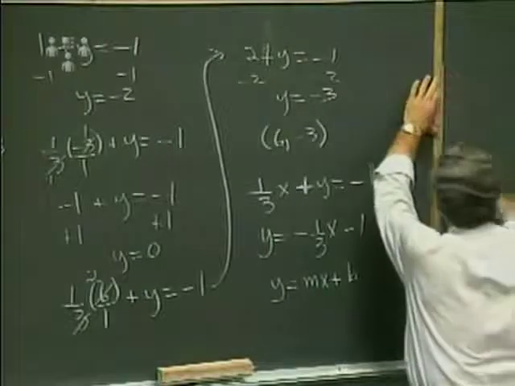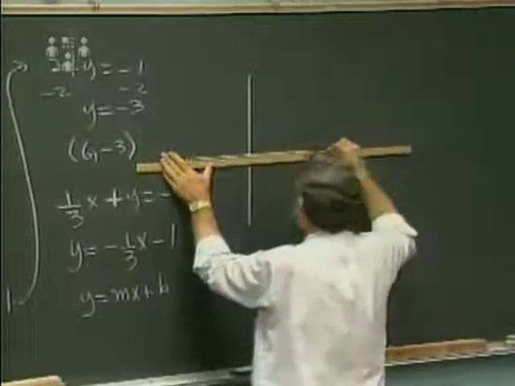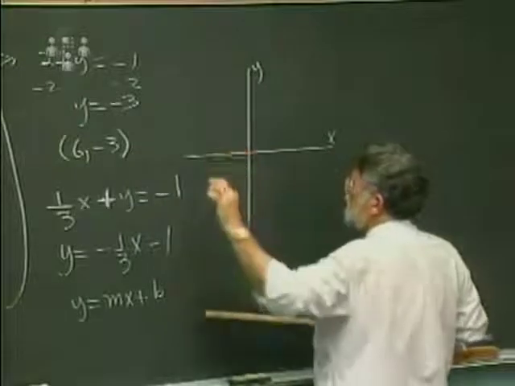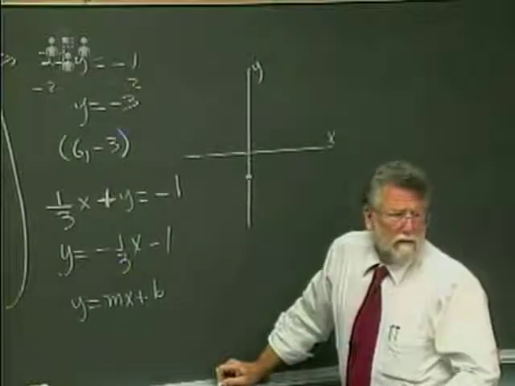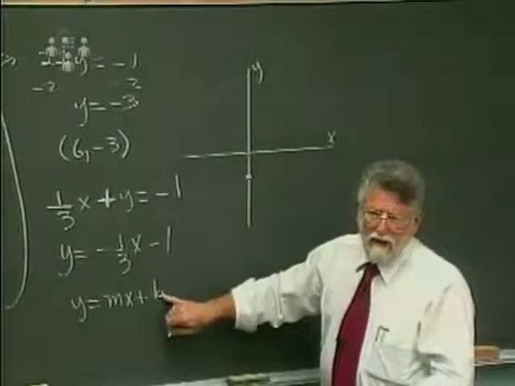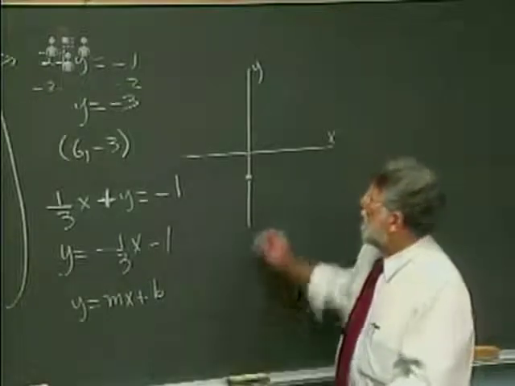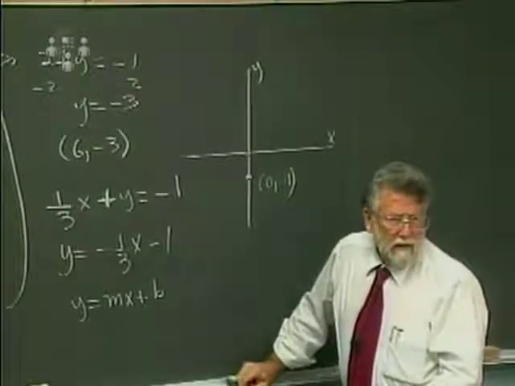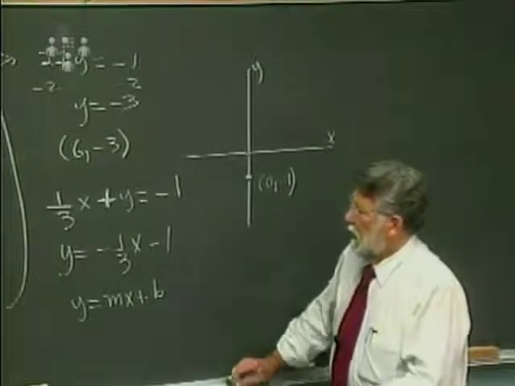So I draw a coordinate system. Put an x, put a y. Scale it. Okay, there's negative 1. Bingo, I have 1 of 2 points. And all I need is 2 to graph the line. The constant, when I solve for y by itself, is the intercept. It is 0, negative 1. That is the point I just graphed.